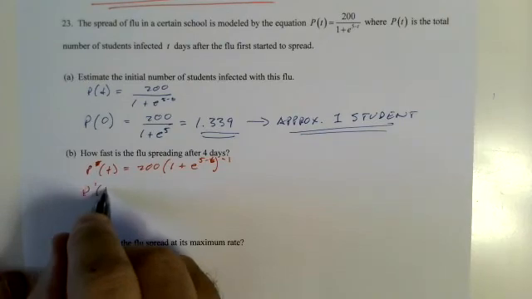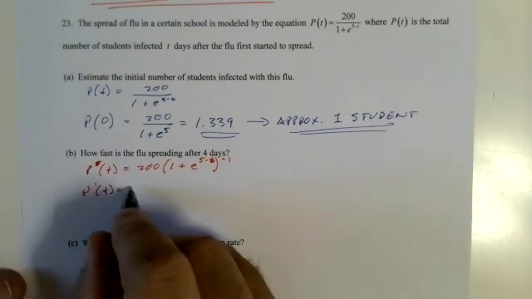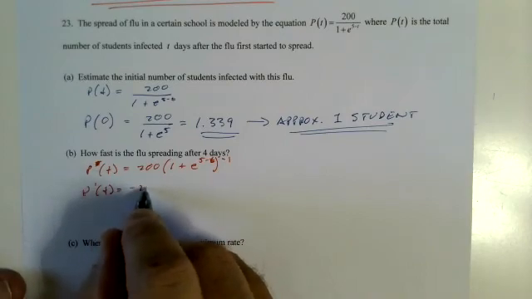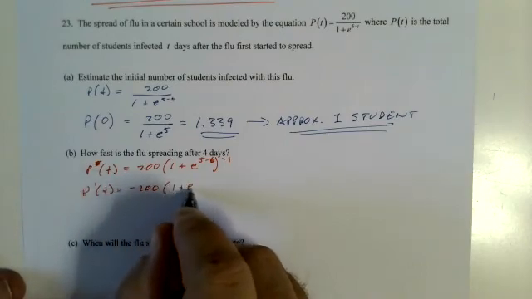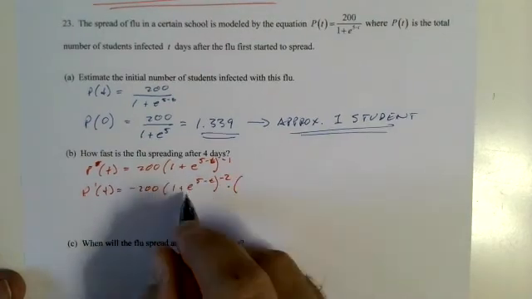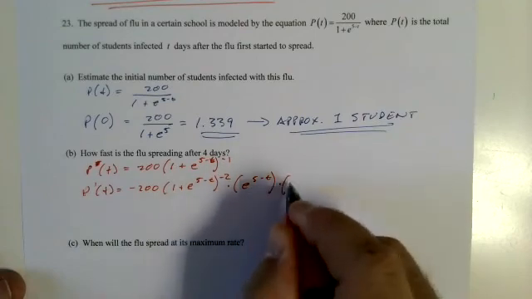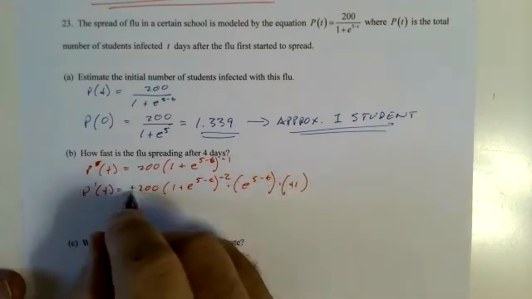P prime of t equals negative 200, 1 plus e to the 5 minus t to the negative second, times the derivative, which is just e to the 5 minus t times negative 1.